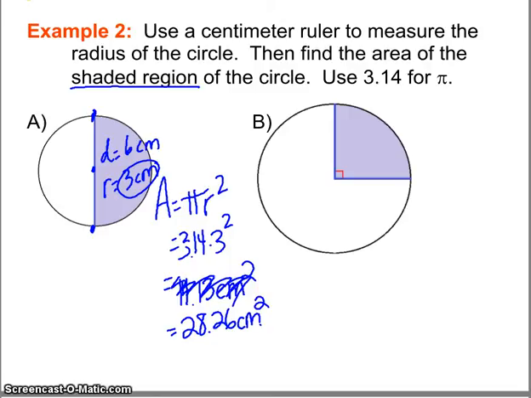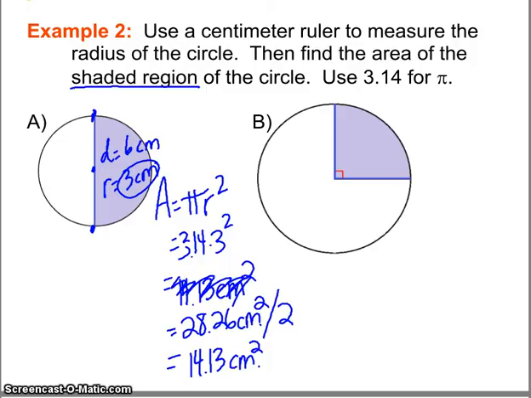I apologize, go back and fix that. I'm getting ahead of myself here. Now we only want to know the area of half of the circle, so if I take this and divide it by 2, half of the area then would be 14 and 13 hundredths square centimeters.